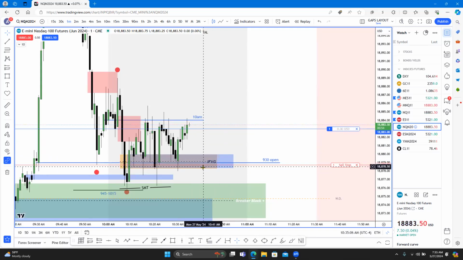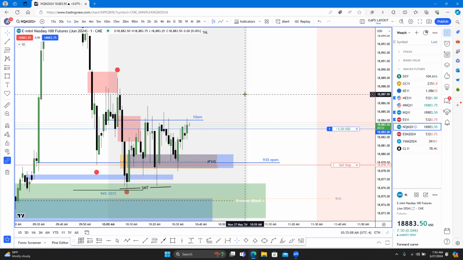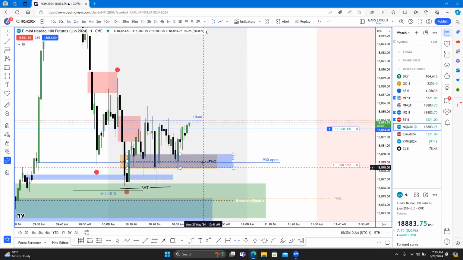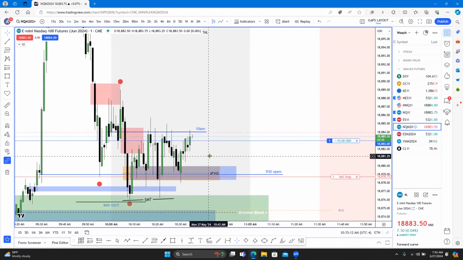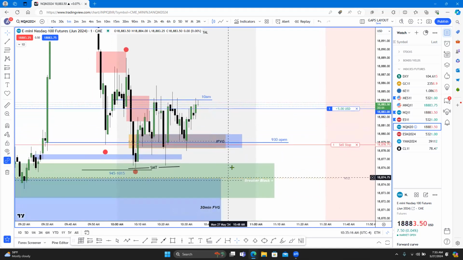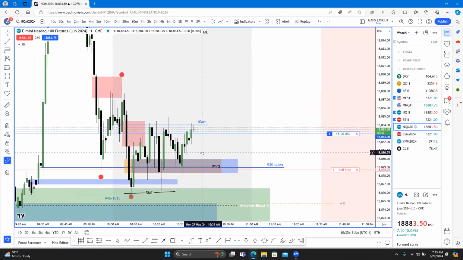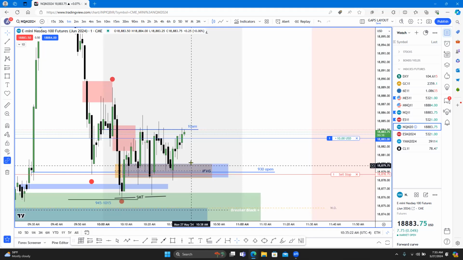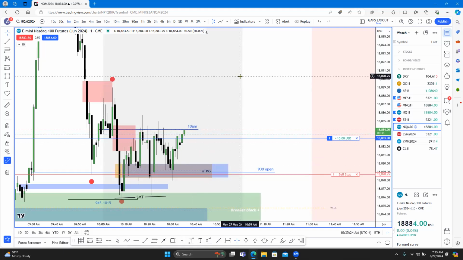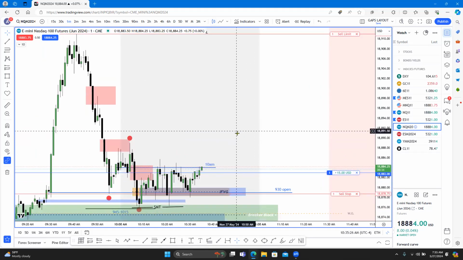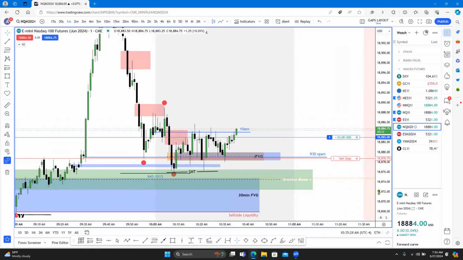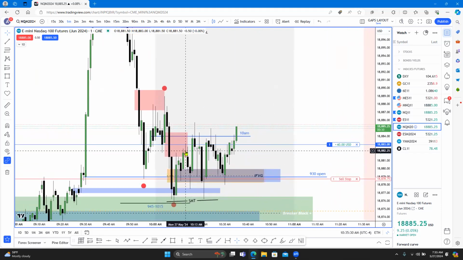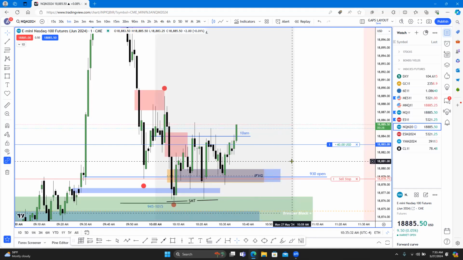Even if it were to come back, tap this and run, that's fine. I'd rather get taken out and it do whatever it wants after that than take this whole full stop, right? Even if it comes back, takes me out and then flies to take profit, that's okay. There's going to be another move, a better move that's going to be cleaner the next day, right?